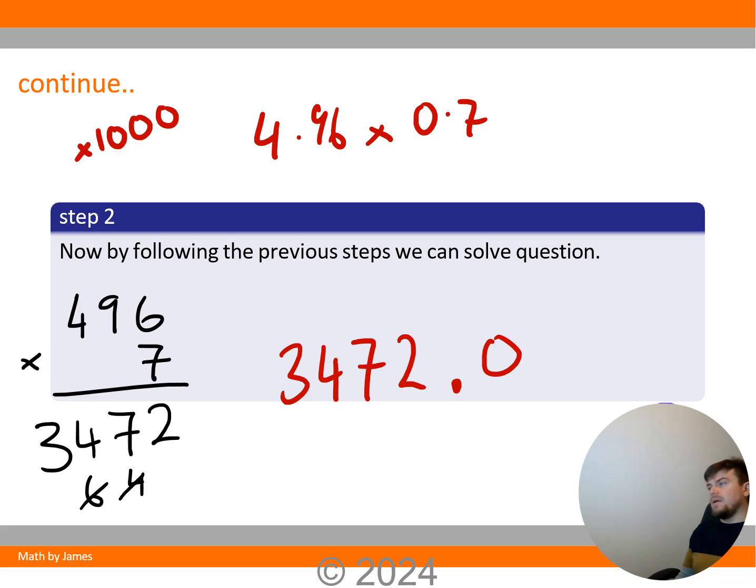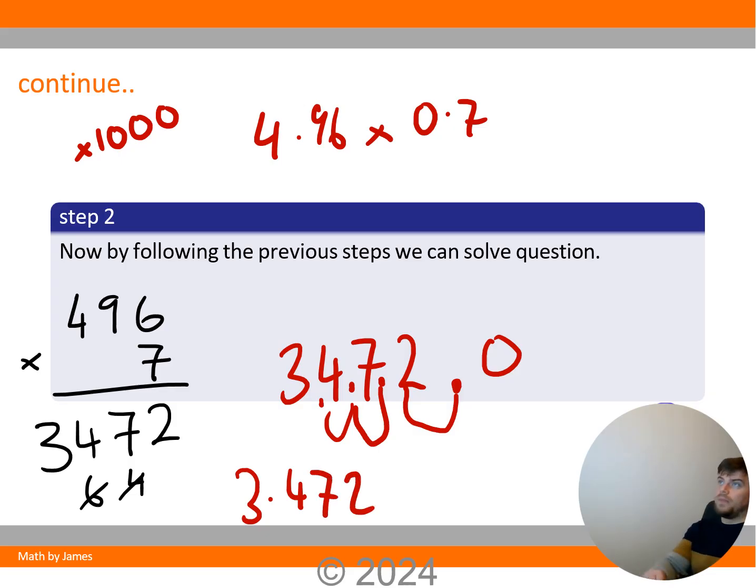When we divide by 10, we move our decimal point here. We divide by 100, we move it 2. By 1,000, we move it 3. So our answer is 3.472 for that one. If you are struggling with that, please do not hesitate to reach out.